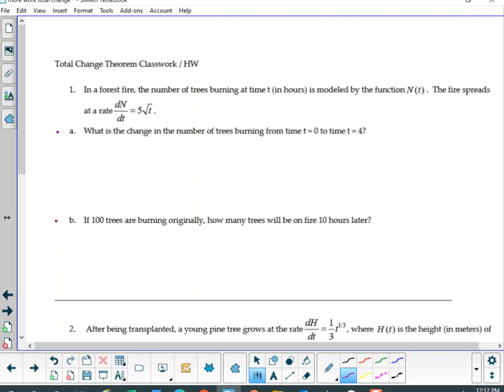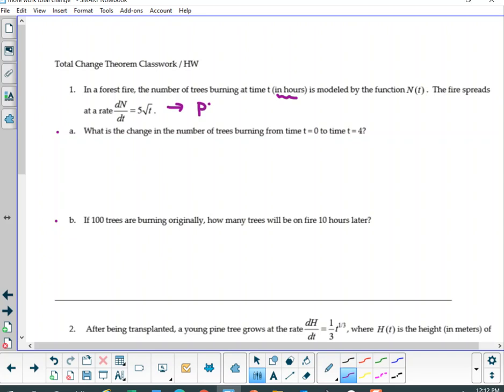So we've got a forest fire, and the number of trees burning at time t in hours is modeled by the function N(t), and the fire is spreading at a rate of dN/dt is 5 root t.